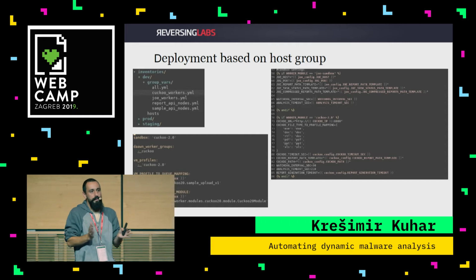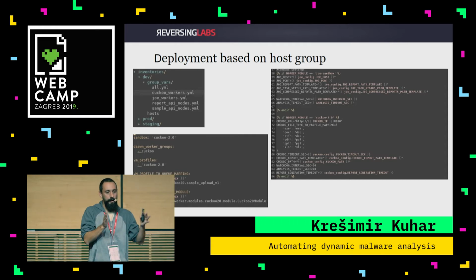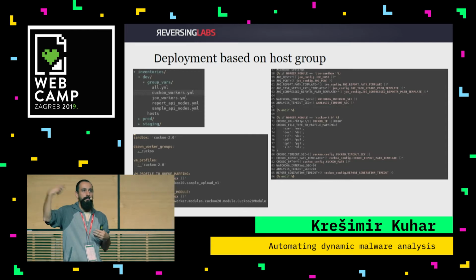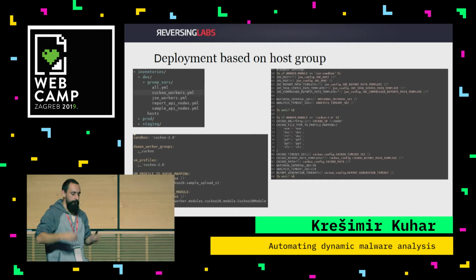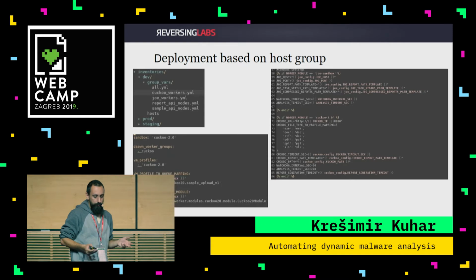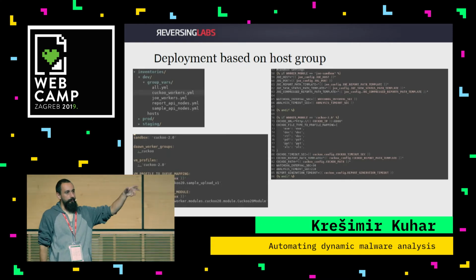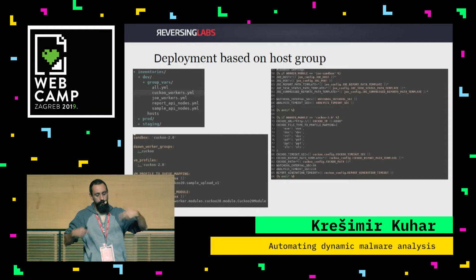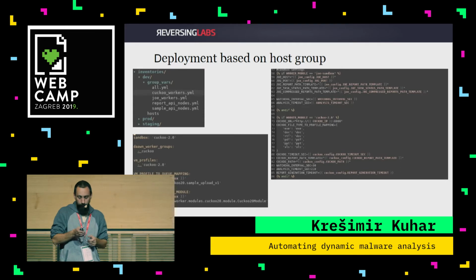Then you can have one package that you deploy on all servers, and it will do a different thing based on the sandbox it runs on. You can see here, for example, the VM profile to queue mapping: it will read from this queue and, in this case, initialize the Cuckoo 2.0 module.